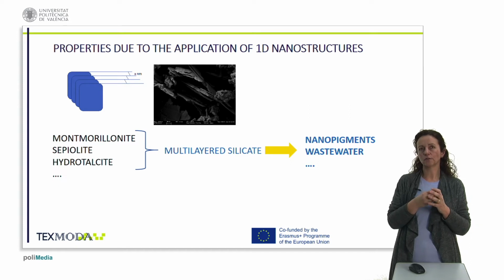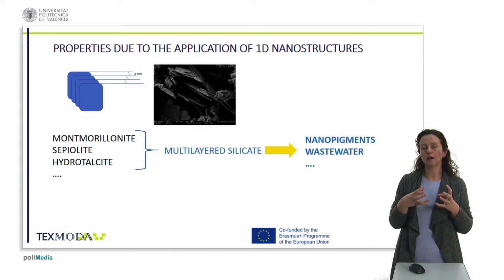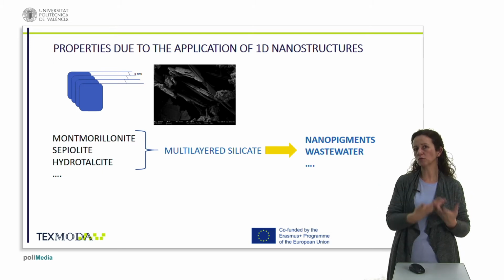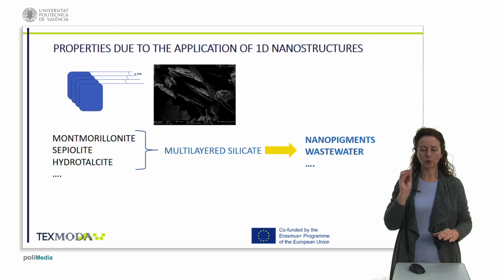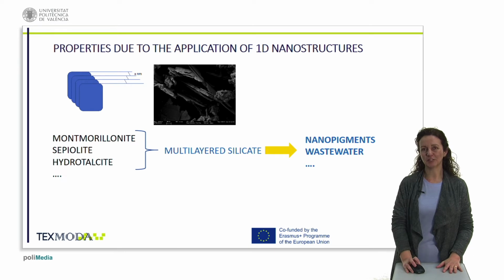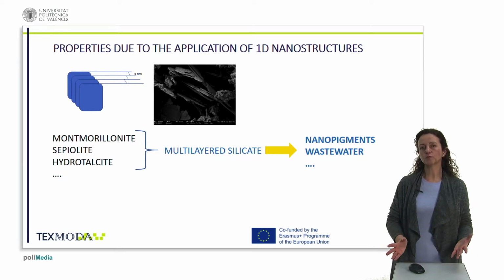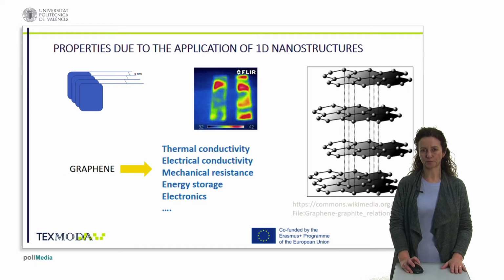We cannot, for example, introduce a big product inside a little box. In this case, it would be the same. If we have a dye with a big molecule, we are not going to be able to include it into the silicate, okay? So it's used, but it requires some study to know which is going to be correctly used.